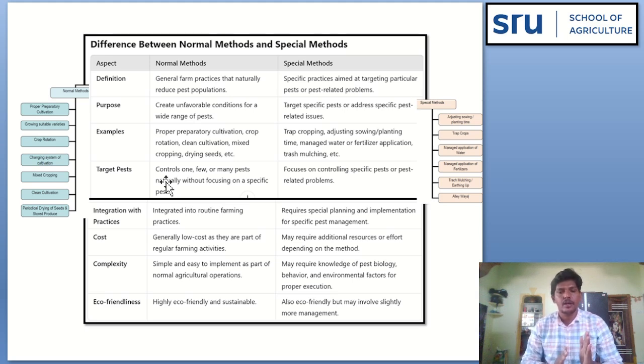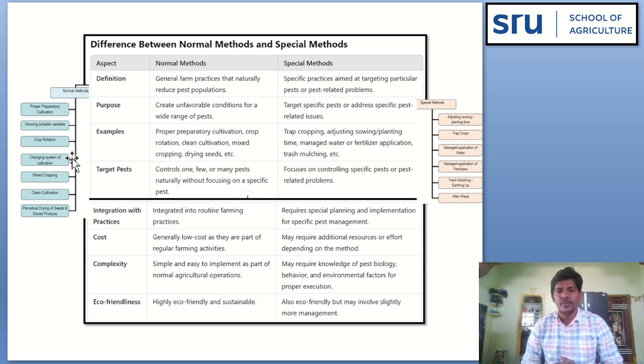For example, proper preparatory cultivation, crop rotation, clean cultivation, mixed cropping, drying of the seeds can control one, few or many pests naturally without focusing on a specific pest.